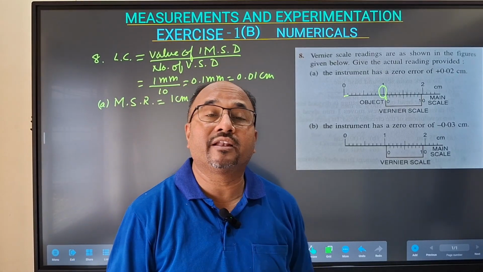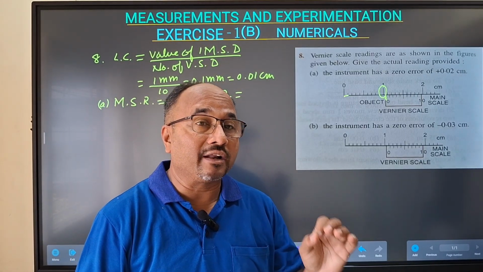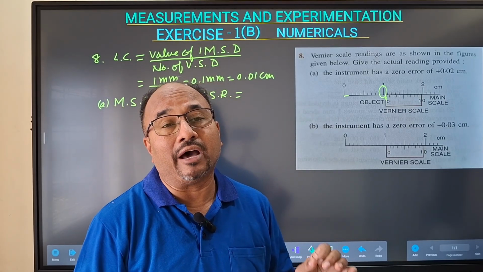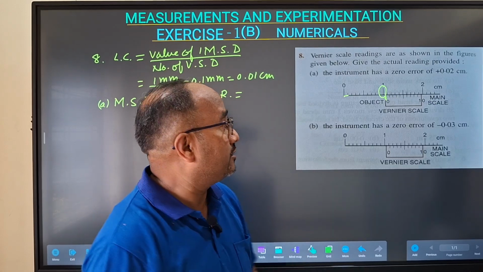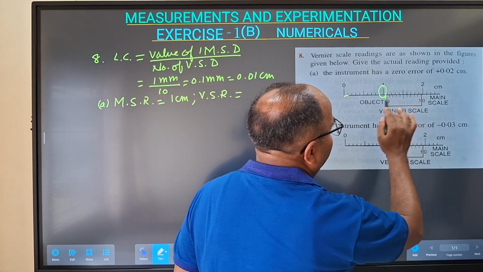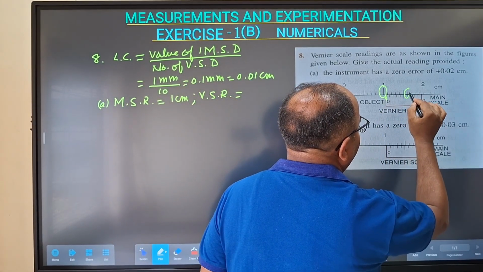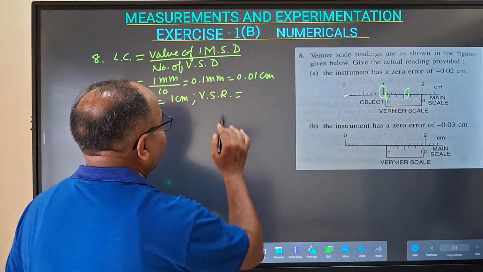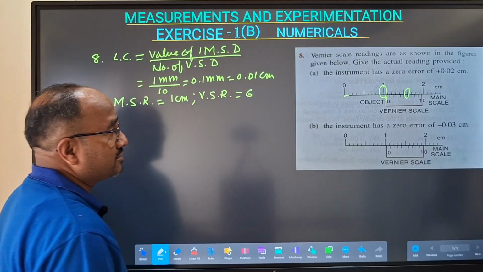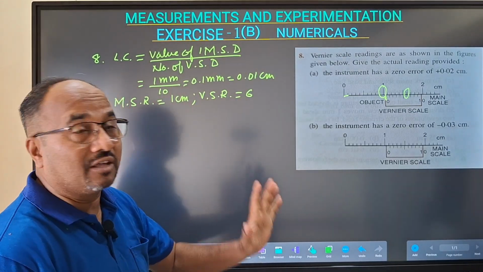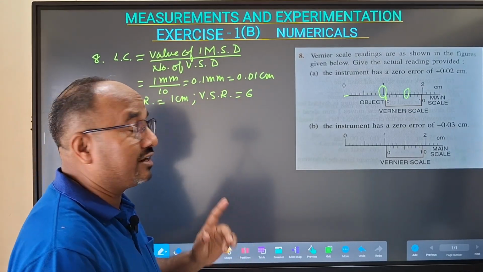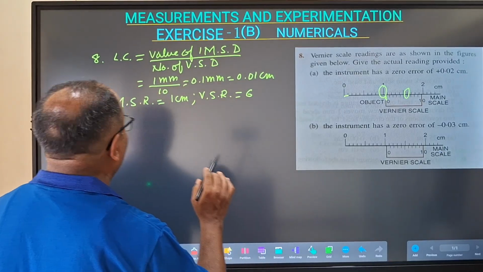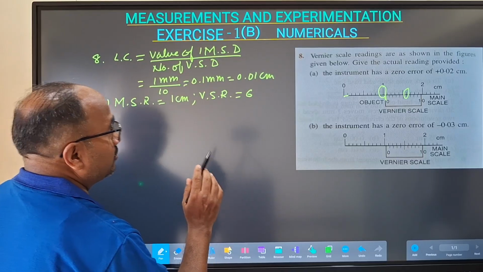You have to see which marking of the vernier scale is exactly coinciding with a marking of the main scale. Take a look here, this one is exactly matching, and that is the 6th one. So I will write vernier scale reading as 6. No unit there, just that division has to be written. Now I know them, so I can find the length.